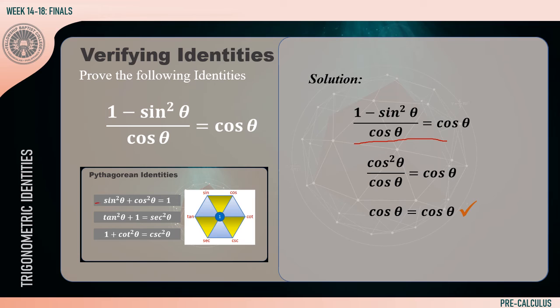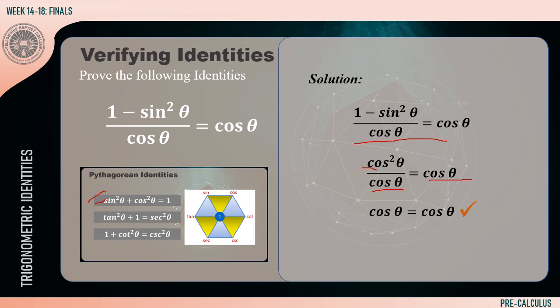So we have sine squared theta plus cosine squared theta is equal to 1. So, pwede natin i-rearrange, 1 minus sine squared is equal to cosine squared. So we have cosine squared theta over cosine theta is equal to cosine theta.